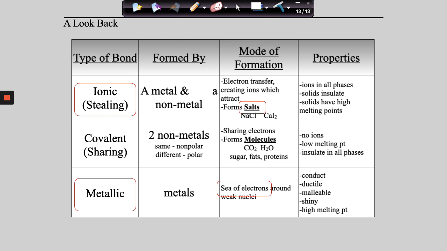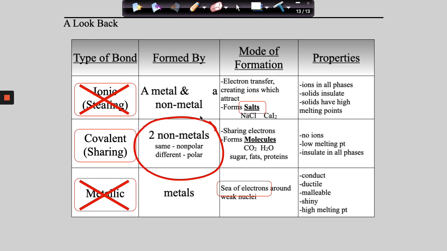And then we also talked about covalent bonding. But before we do, understand that we are done with ionic and metallic bonding. We have done all that we're going to do with this. For the next 3 class periods, we're going to be looking specifically at covalently bonded structures. We understand that covalent bonds form when 2 nonmetals get together.